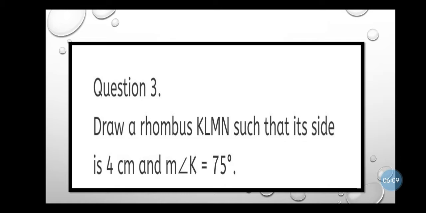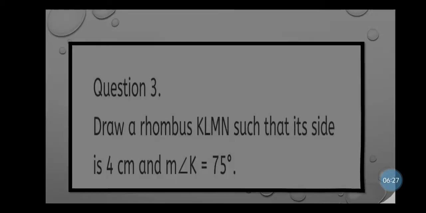That means if one side is given, the other sides will also be the same, that is 4 centimeter in this case. Regarding angles, the opposite angles are congruent. So one angle is given, we need to find one more angle so that it will be constructed. Let's start.